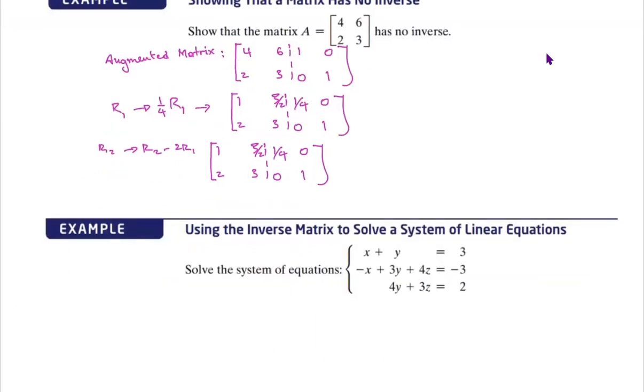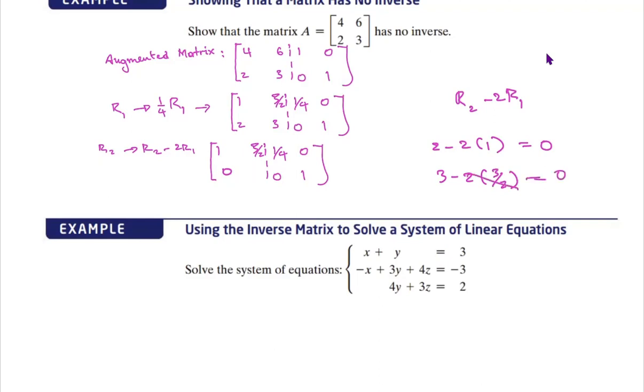So for the first column, it'll be 2 minus 2 times 1, that's 0. The second column will be 3 minus 2 times 3/2. 2 cancels this, that's 0 also.